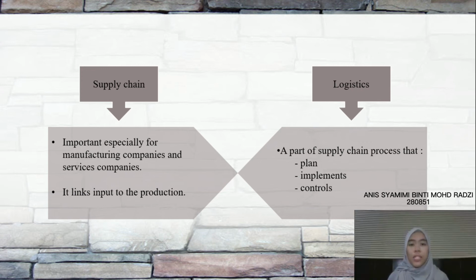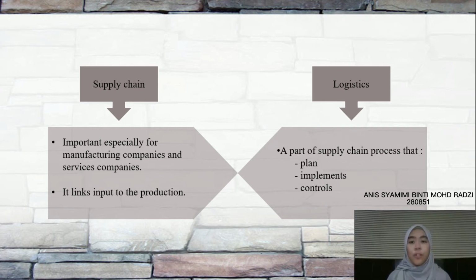Meanwhile, logistics can be defined as a part of the supply chain process that plans, implements and controls the effective and efficient flow of goods, services and related information from the point of origin to the point of consumption. In the highly competitive market, the speed of physical and information flows plays a fundamental role in the achievement of the company objective.